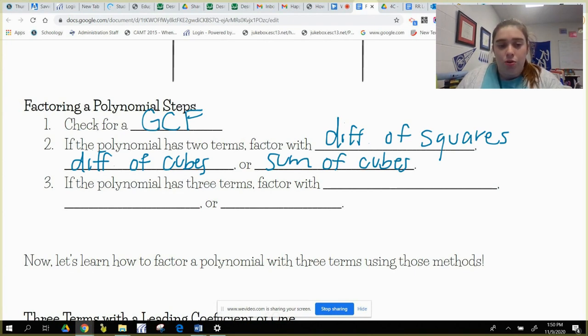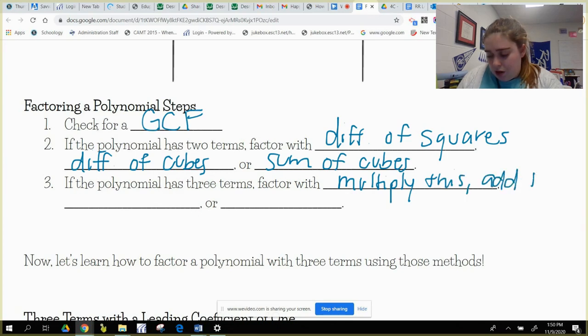Now today we're moving on to three terms, so we're going to learn three new methods to go with three terms. The first one we're going to look at doesn't really have a specific name, but I'm just going to call it multiply this and add that, and I'll explain why in a little bit. The next one is called the gross product method.